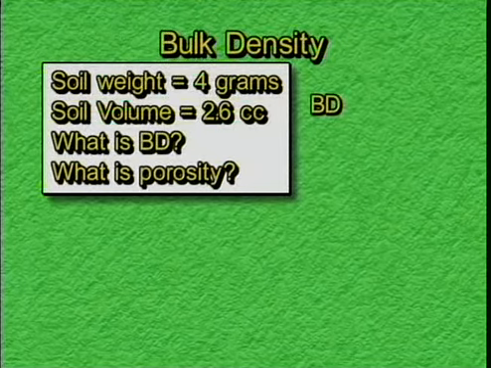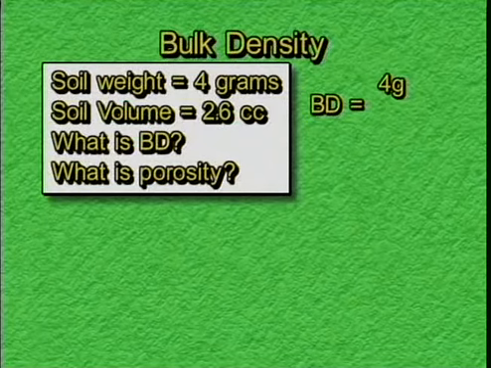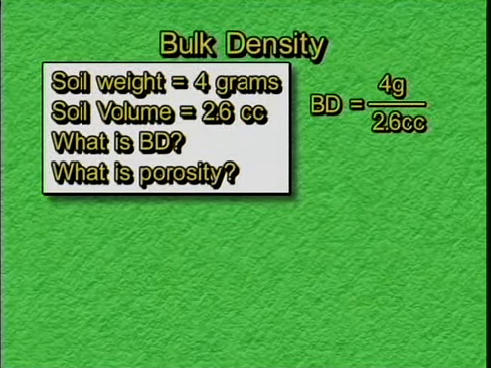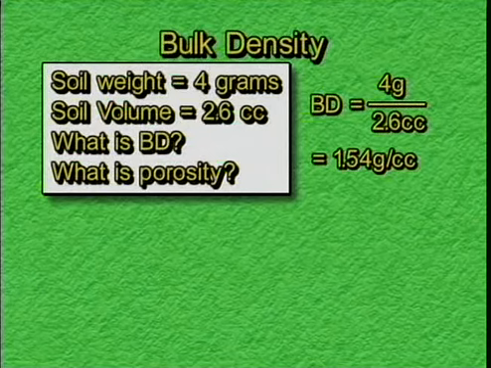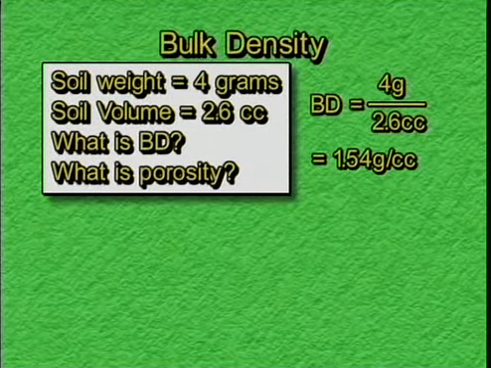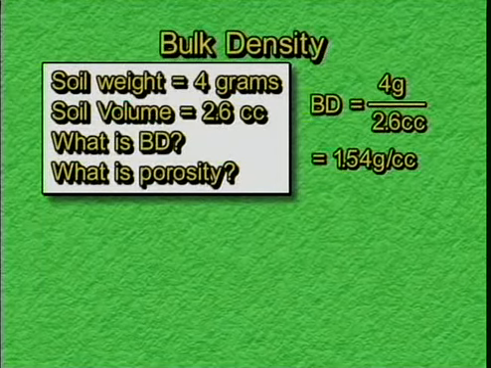To determine the bulk density, we would simply take the weight of 4 grams divided by the volume of 2.6 cubic centimeters, and this would give us a value for bulk density in this particular example of 1.54 grams per cc. Since we're going to be taking this number, bulk density, and using it in another calculation, we would want to carry the bulk density value out to hundredths. So in other words, we would not round this to 1.5, we would leave it at 1.54 grams per cc.